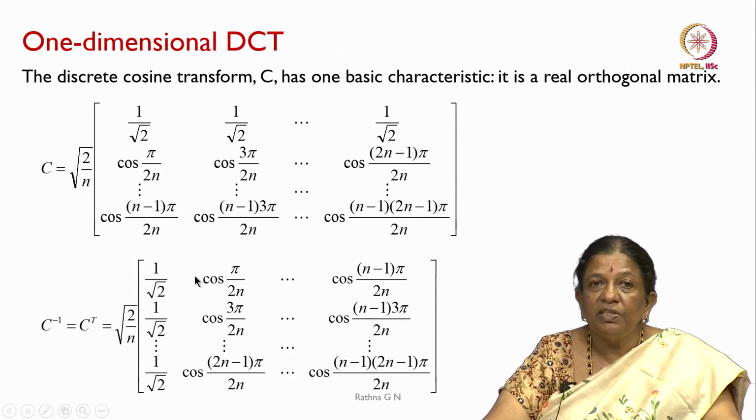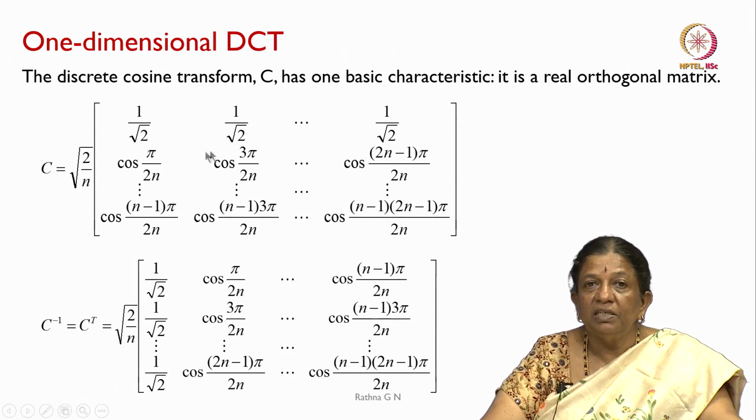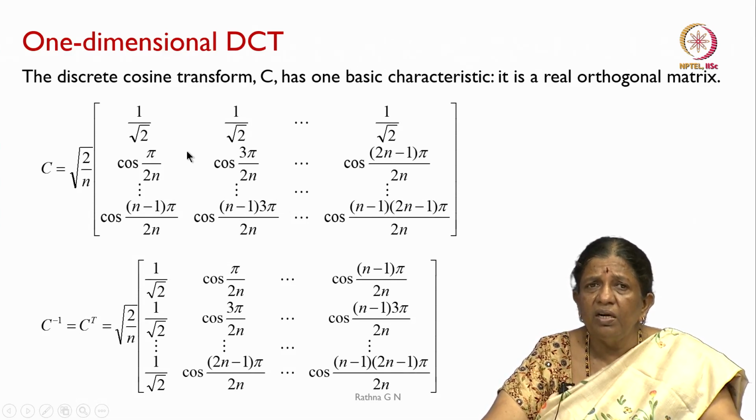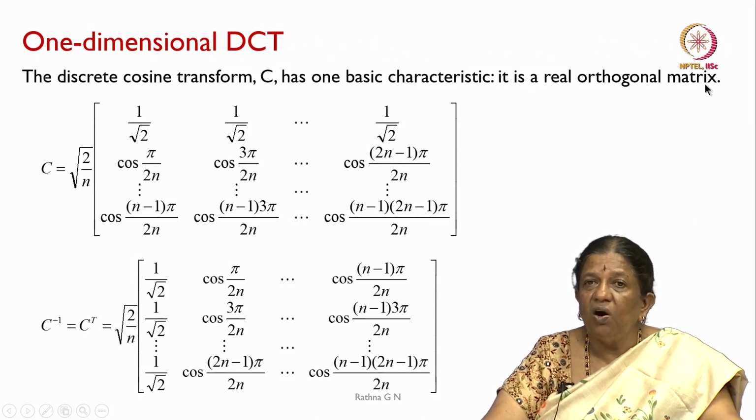Now, for the discrete cosine transform, we have taken n length. One basic characteristic is that it is a real orthogonal matrix, which is given by C equals root 2 by n into, for the first row, all entries 1 by root 2.